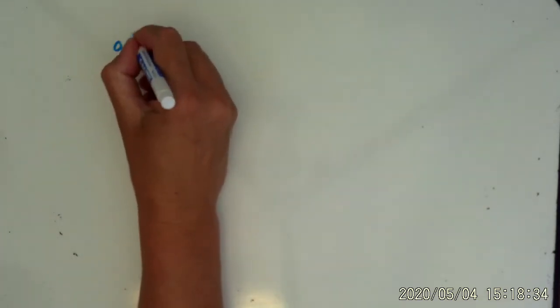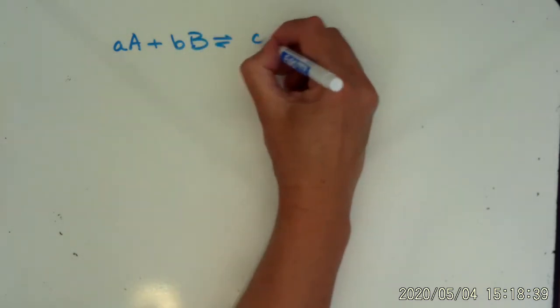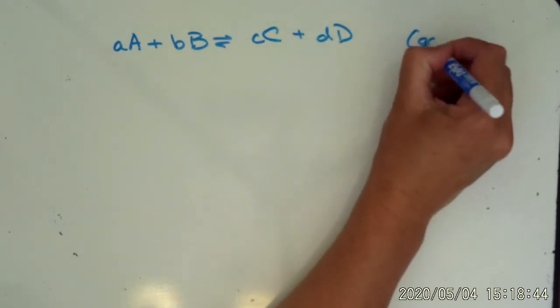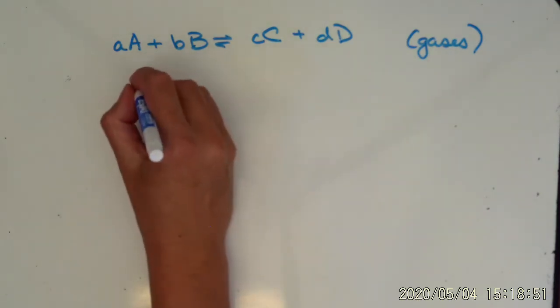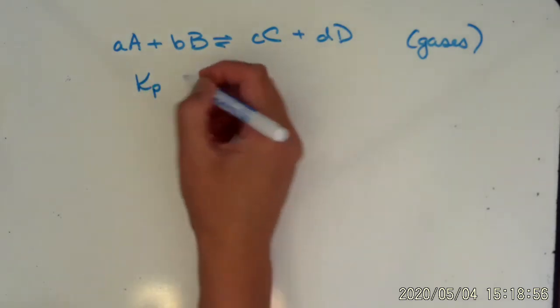Suppose we take our general equation. Suppose we had aA plus bB goes to cC and dD, and all of these are gases. Then our expression, we can write Kp, since these are all gases, we can use partial pressures.